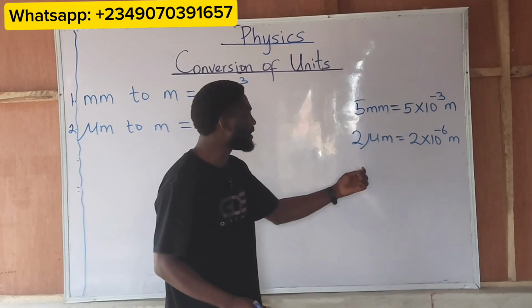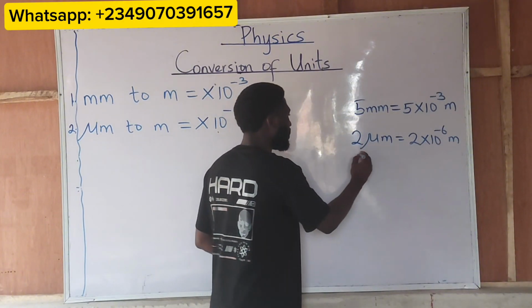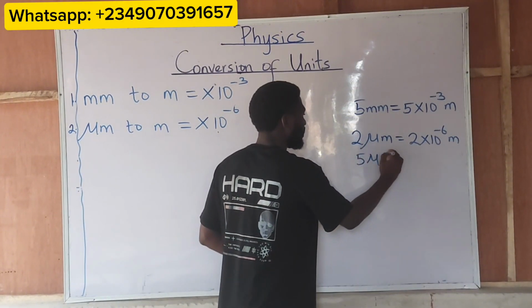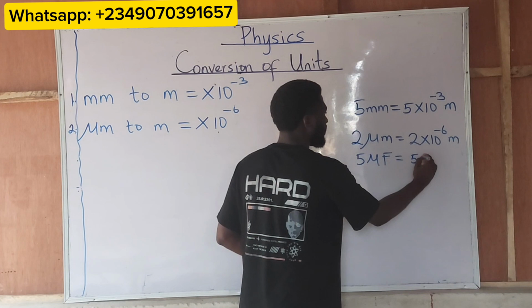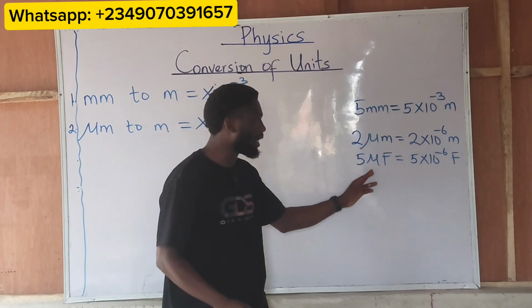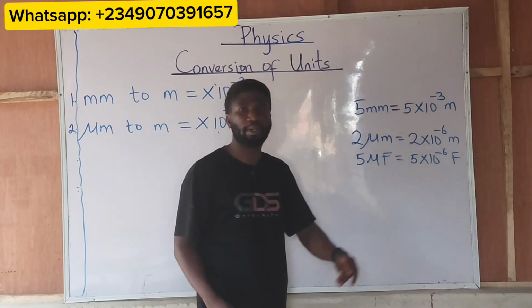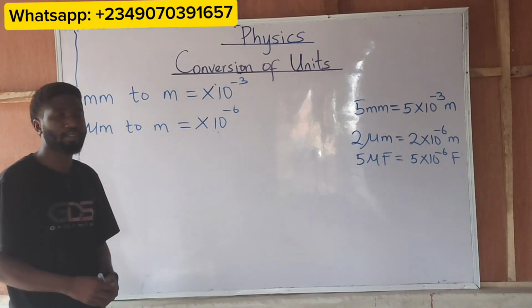Like I said, the same thing is applicable to farad. If I have 5 microfarad, this will be 5 multiplied by 10 raised to power minus 6 farad. So changing microfarad to farad, micrometer to meter is times 10 raised to power minus 6.